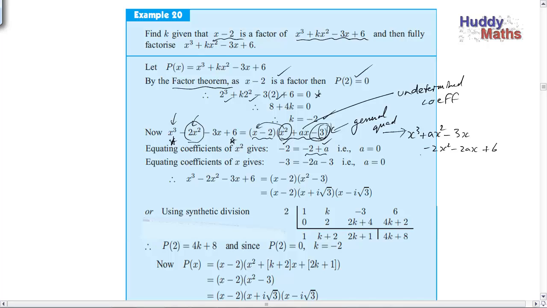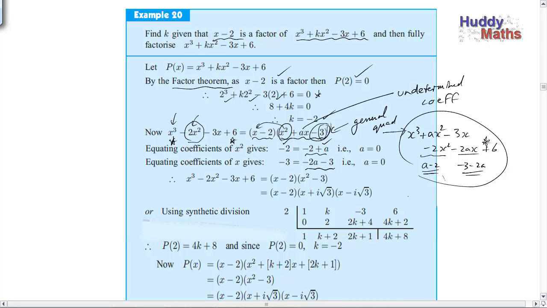So this is what they're talking about here. The x squared term is a take 2. The x term is -3 take 2a. There it is. So this is the x squared coefficient, and that's the x coefficient. So they've left this expansion out and just plucked out the two coefficients from the expansion.